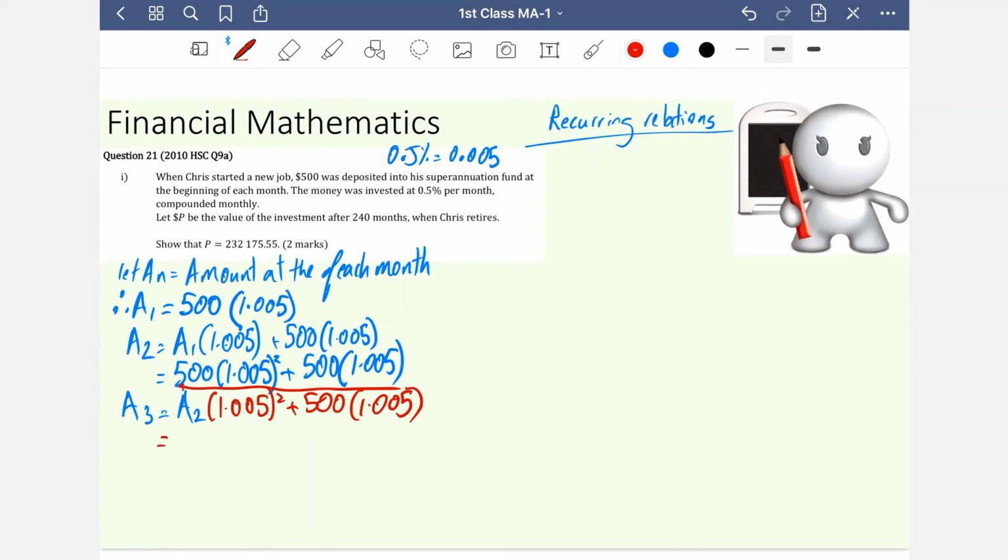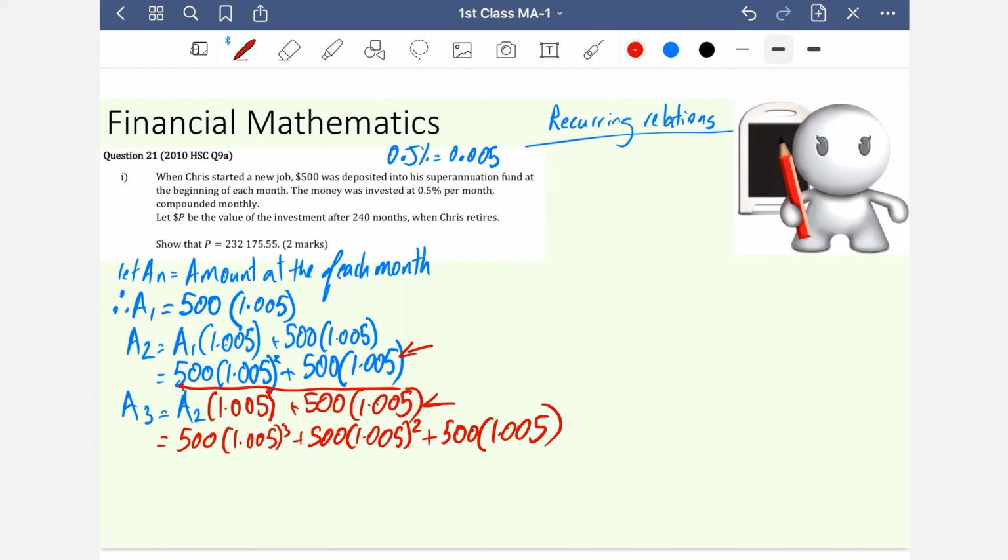So what I've underlined there in red, I'm going to multiply it by 1.005. Okay, so that becomes cubed. This one becomes squared. And then this over here, I'm just simply writing it over here.